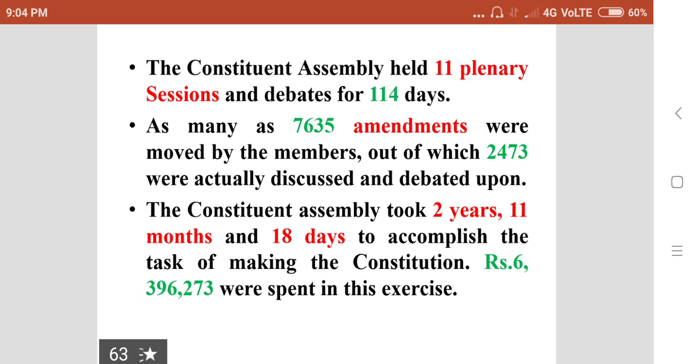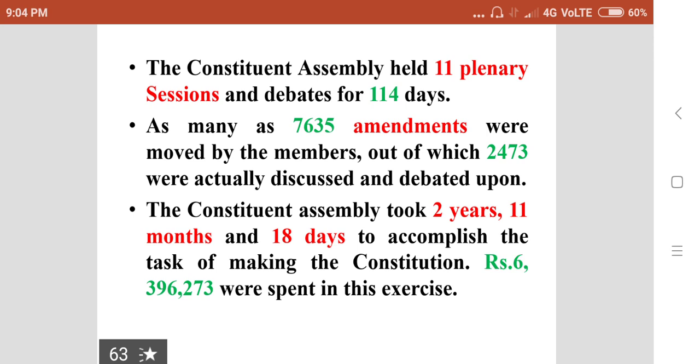As many as 7,635 amendments were moved by the members, out of which 2,473 were actually discussed and debated upon. The Constituent Assembly took 2 years, 11 months, and 18 days to accomplish the task of making the Constitution.